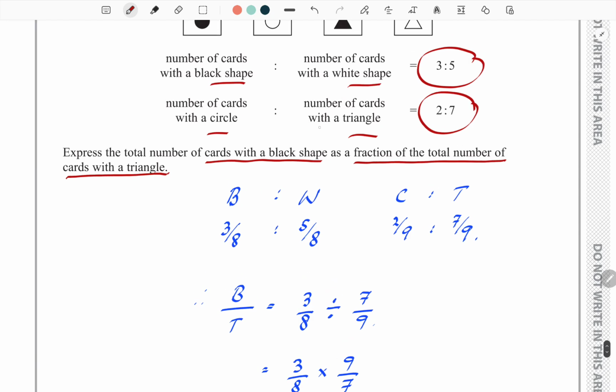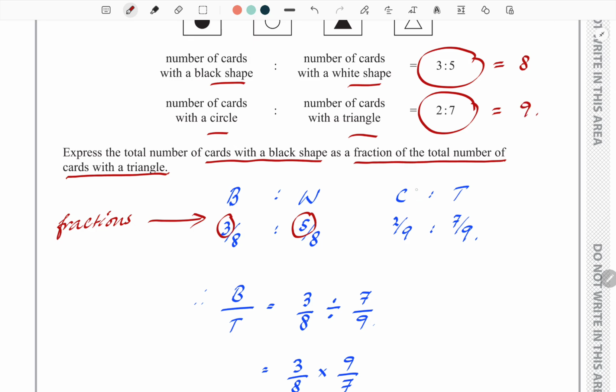So the total number of cards with a triangle is, if you put it into fractions, black versus white, because it's a ratio of 3 to 5, then that's 3/8 and 5/8, because 3 plus 5 equals 8, and this one equals 9 total, right?